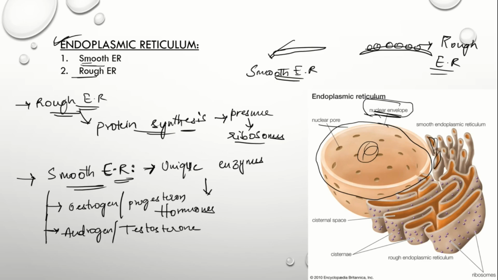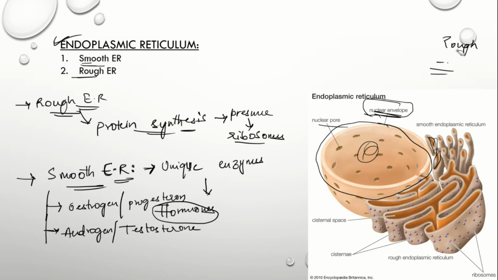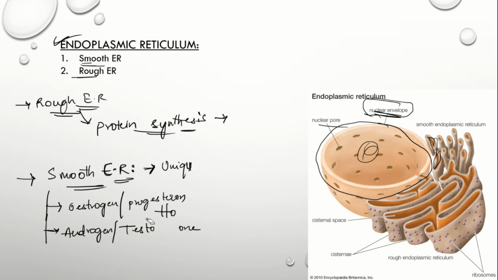These are all important biochemical substances, hormones, which are needed in our body, and they are produced by the smooth endoplasmic reticulum. But this much is not the only function of the smooth endoplasmic reticulum. It also has many major roles to perform in the body.